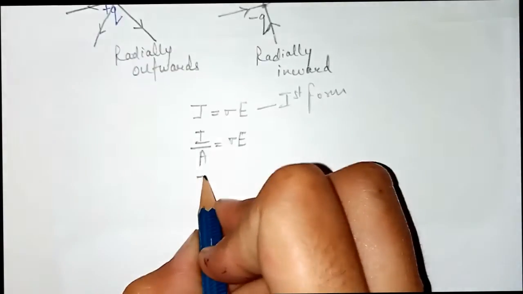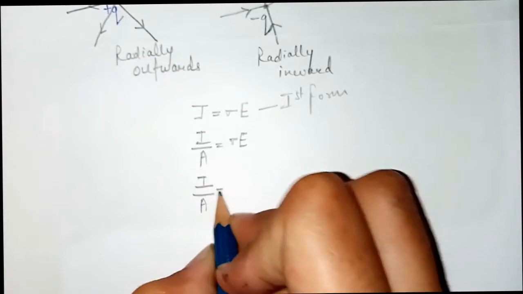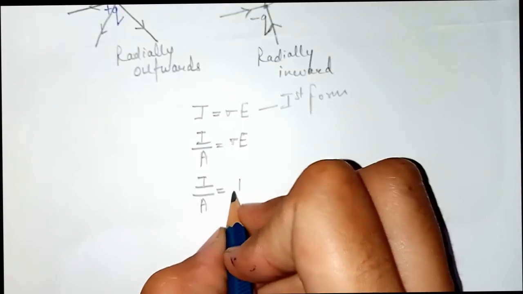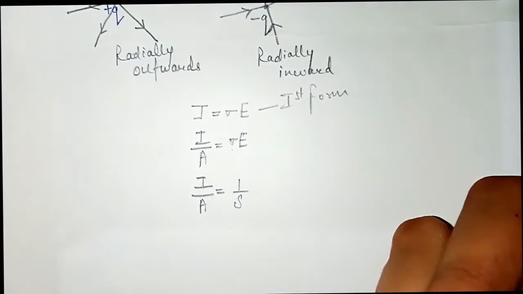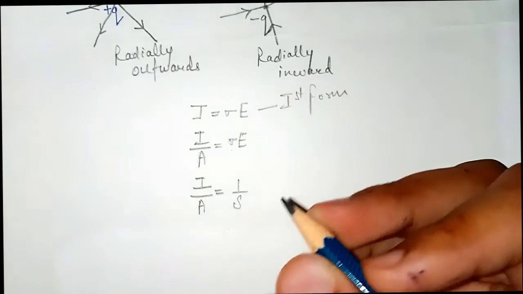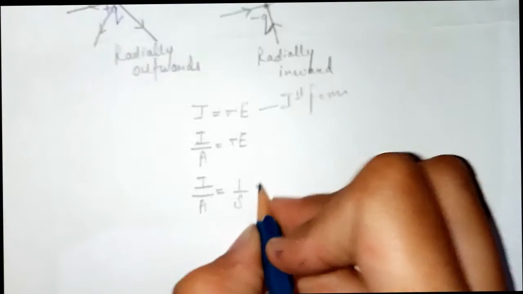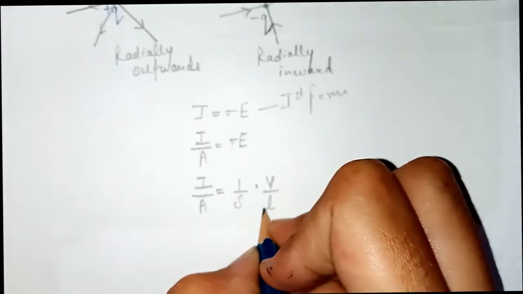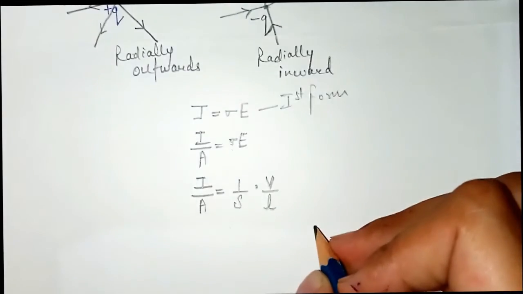From here I can write that sigma, that is conductivity, is the reciprocal of resistivity or specific resistance, and E is equal to V by L. V is the potential difference and L is the length of the conductor.